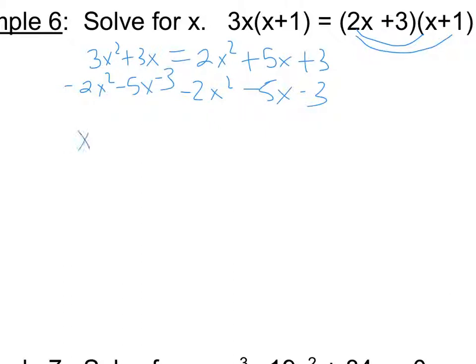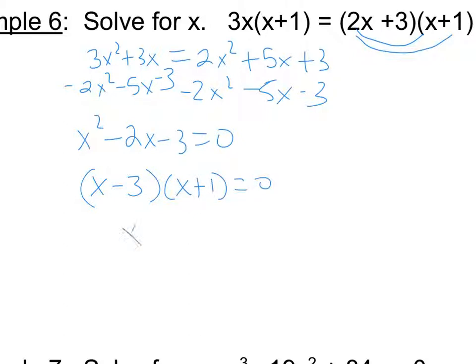So you get x squared minus 2x minus 3 equals 0. What multiplies to negative 3 adds to negative 2 because a is 1. x minus 3, x plus 1. So x minus 3 equals 0, x plus 1 equals 0, x equals 3, x equals negative 1.